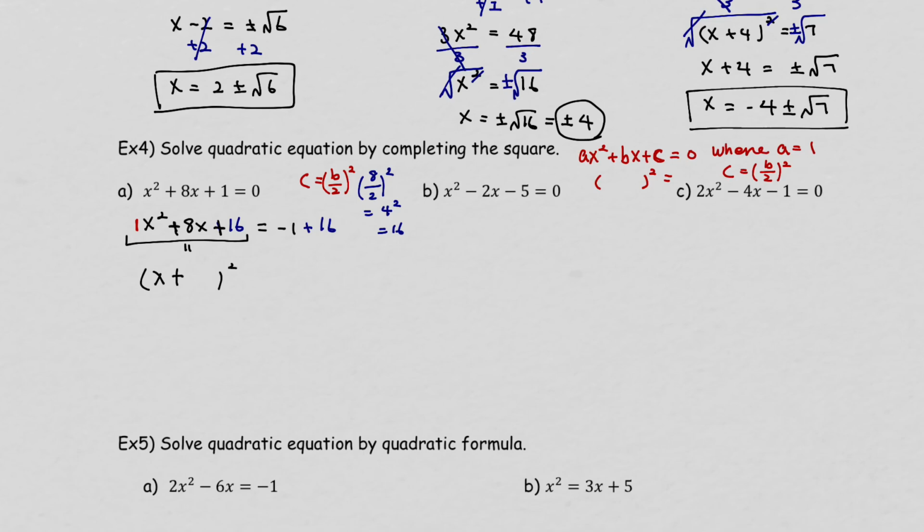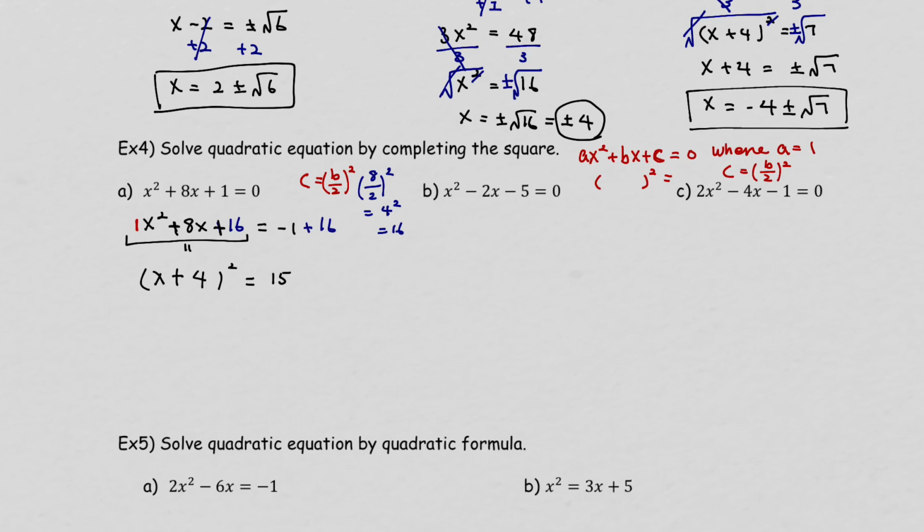The square root of 16 is 4, right? So right before you square, that's the number you're going to use in the factor, right before you square to get c. So it will be 4. And we know 4 times 4 is 16. 4 plus 4 is 8, right? So that will be the right factor. Now the other side is going to be negative 1 plus 16, so it will be 15.